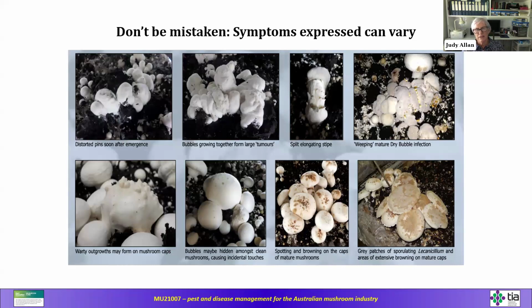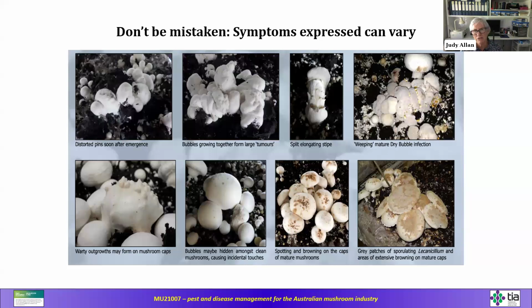So with these diseases, you need to be careful. Don't be mistaken seeing one of these photos that we put up and saying, that disease is always going to look like that, because it doesn't. This is Lecanicillium, which was called, its more scientific name was Verticillium, but we mostly refer to it as dry bubble.